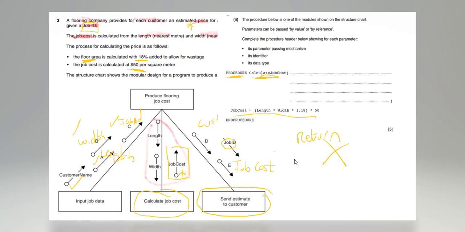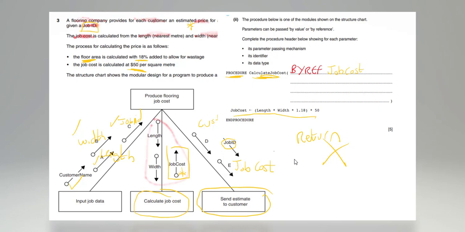So if we want to return a value but without using return, so we change the variable in the main code, we need to use by ref. So by reference, we're going to change, well, we're going to be passing in job cost.